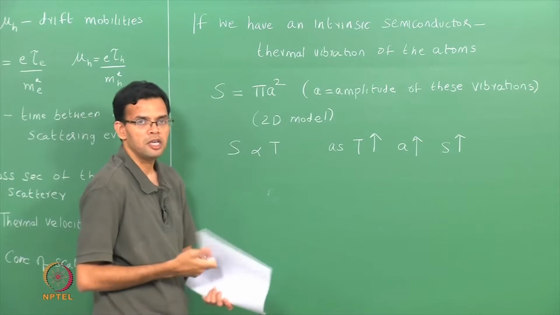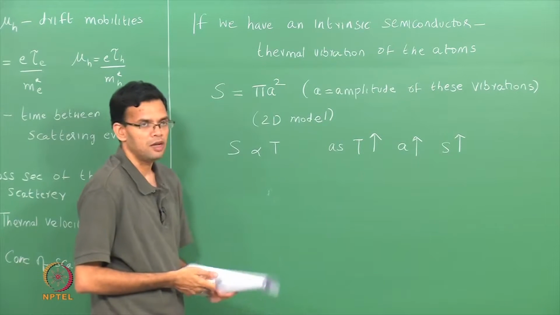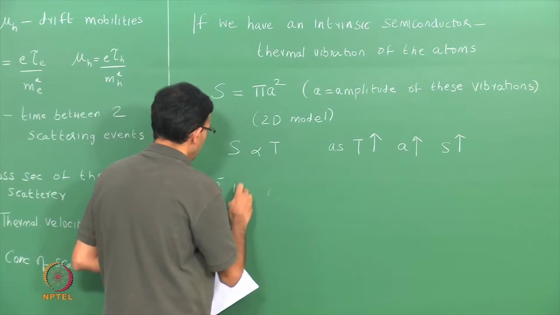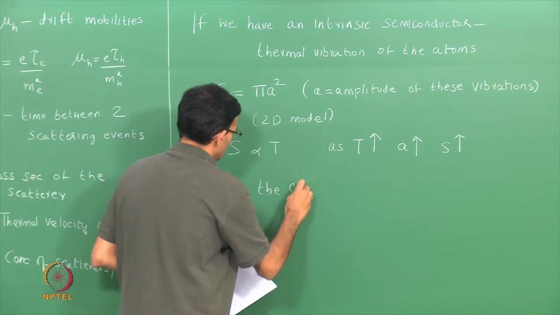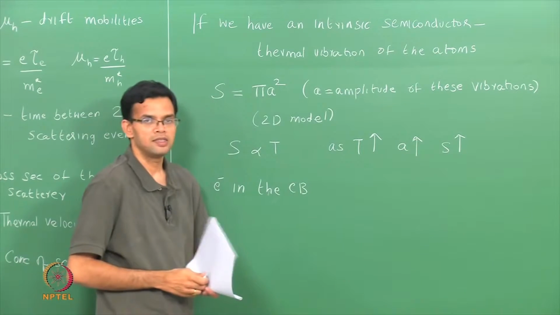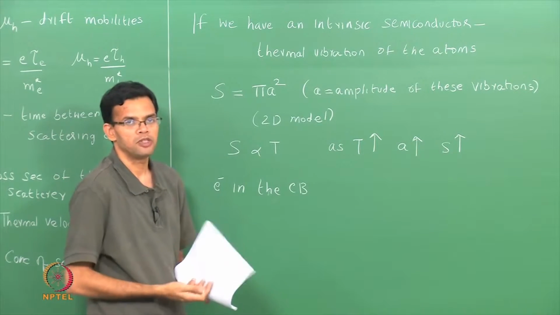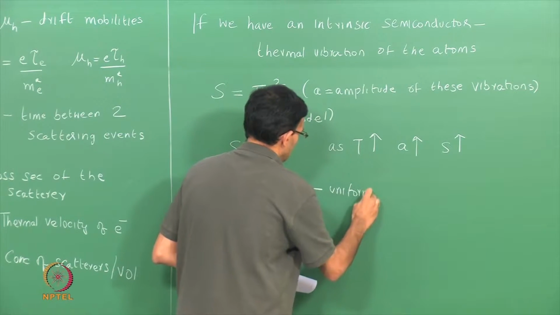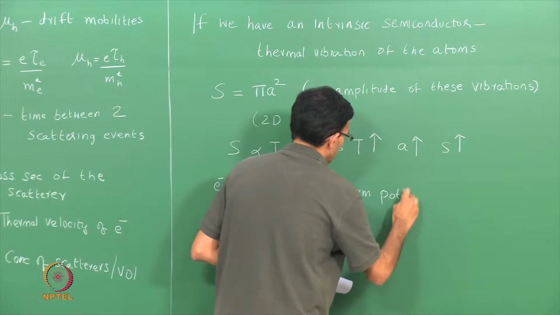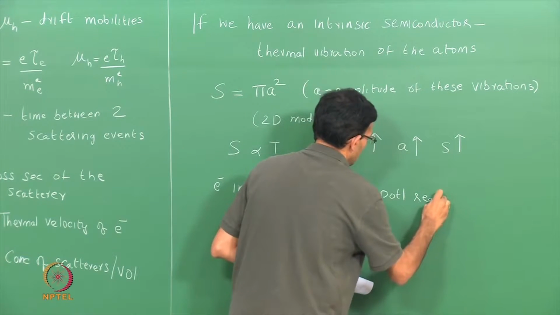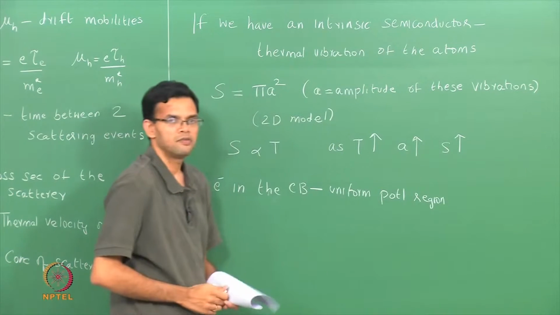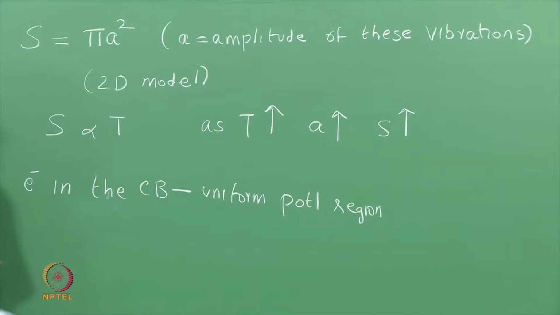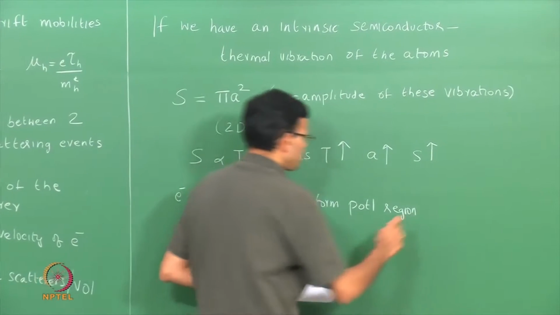The next term in the equation for tau is V thermal. If you have electrons moving in the conduction band, we can say that they are moving through a uniform potential region. And in this case, we can say that the thermal energy of the electrons is approximately the same as their kinetic energy.